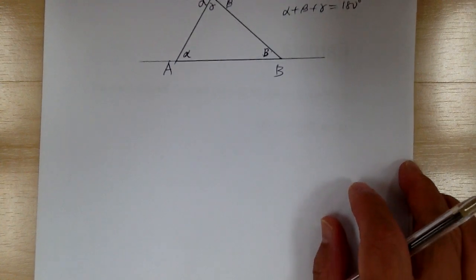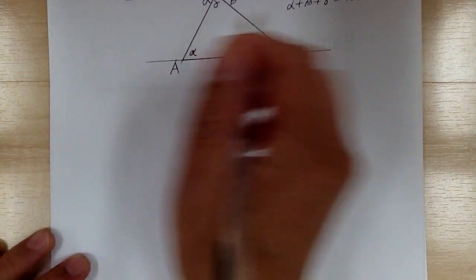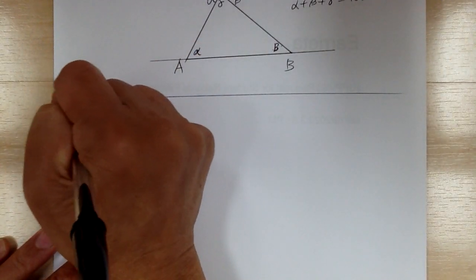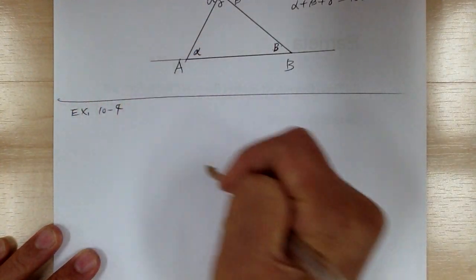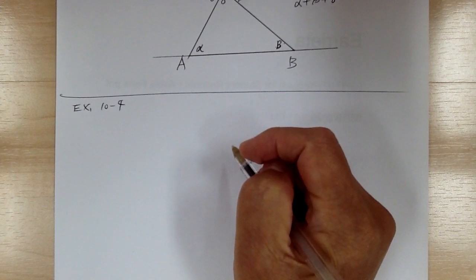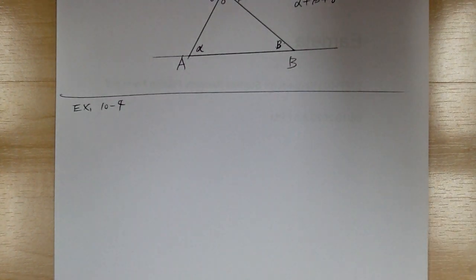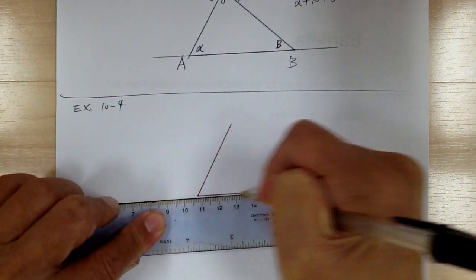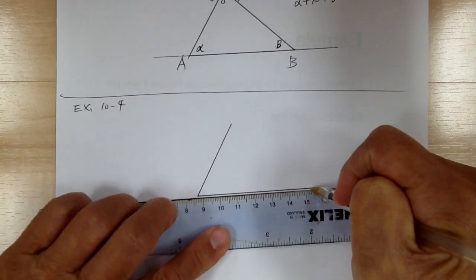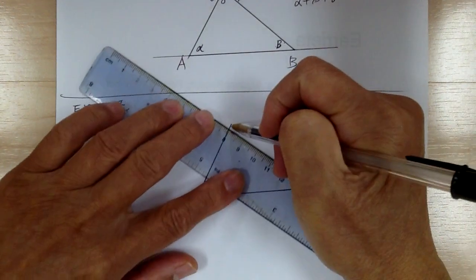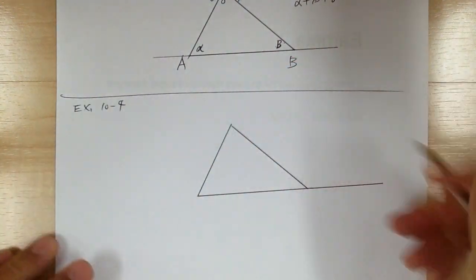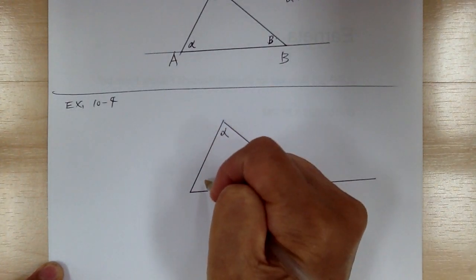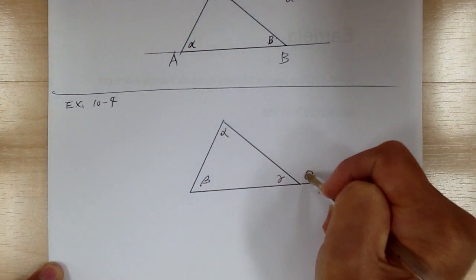Okay, now let's go to example 10-4. And this is called the exterior angle theorem. So what this is saying is that if you have a triangle, okay, and they have alpha, beta, gamma, theta.